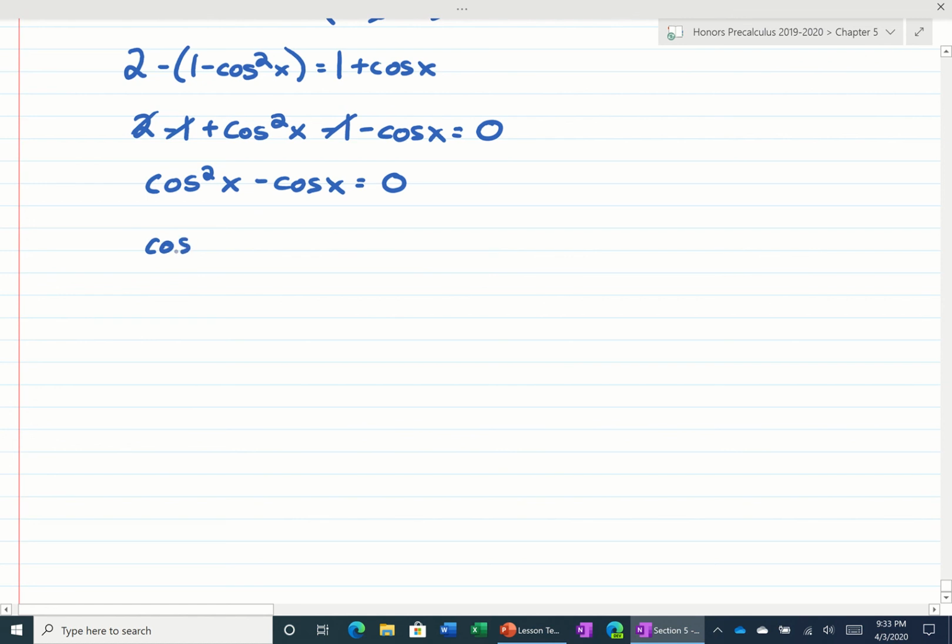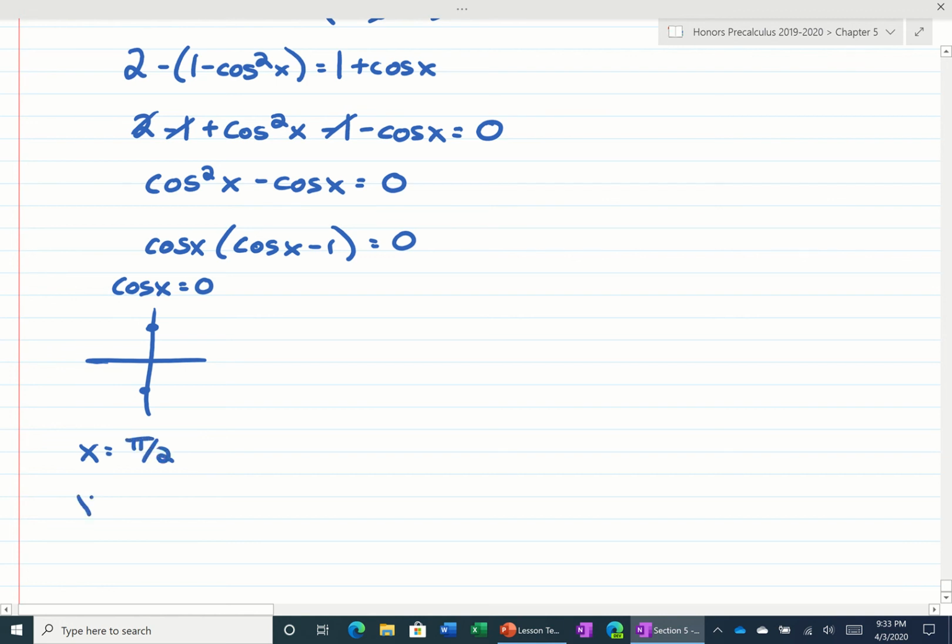Could factor out a cosine. And at this point, when is cosine of x 0? We know that's from a unit circle right here and right here. So x would be pi over 2, and x would be 3 pi over 2. 90 and 270. We wouldn't be adding the period because that would go outside of the interval.